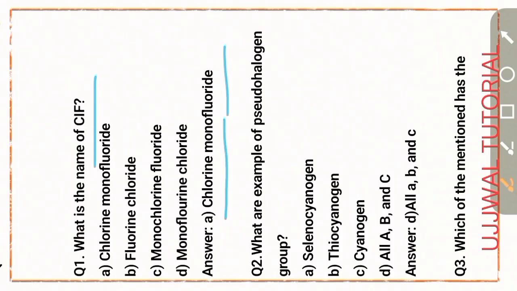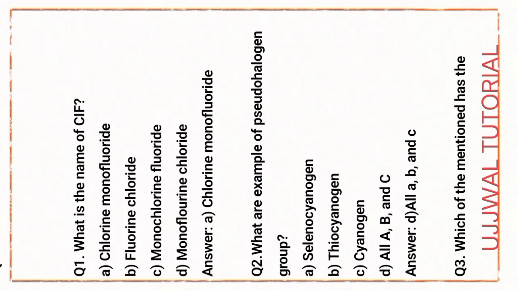Next, question number 2: what are examples of pseudo halogen groups? Options A, B, C. Option D is the right answer, all of A, B and C. The pseudo halogen groups are selenocyanogen, cyanogen.